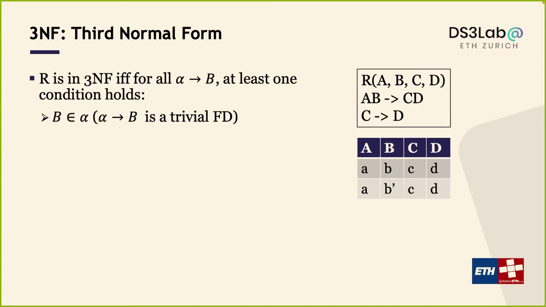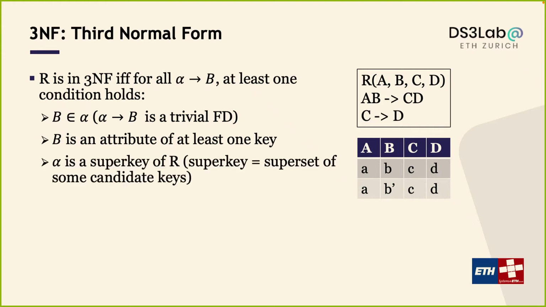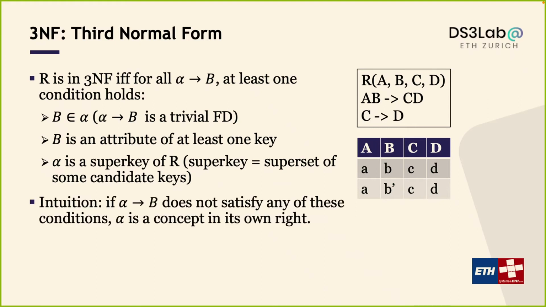Either this is a trivial functional dependency, which means the right-hand side is part of the left-hand side, or the right-hand side is an attribute of at least one key, or the left-hand side is a super key, a superset of some key. If all the functional dependencies that you have satisfy at least one of these three conditions, then we say this design is in third normal form.